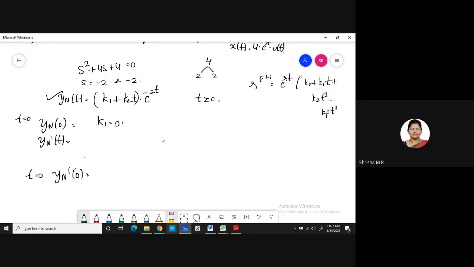If we substitute t is equal to 0 in this natural response, you will get k1 is equal to 0. Correct? Because if we put t is equal to 0, we'll get k1 as 0.